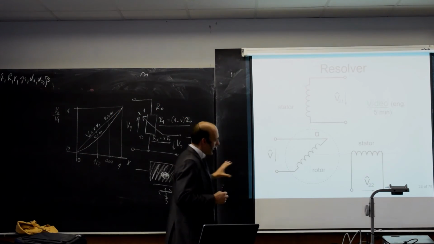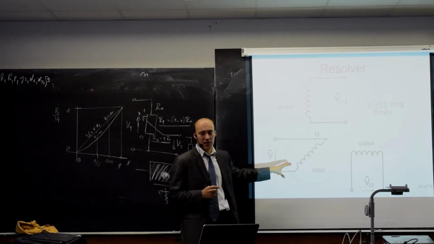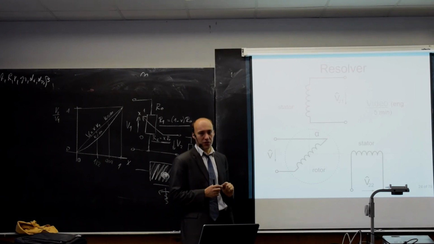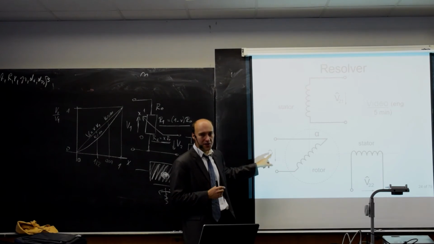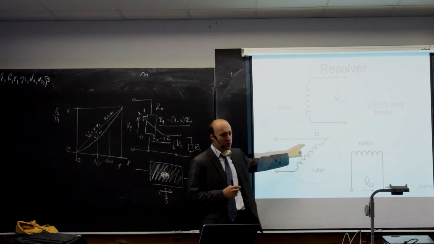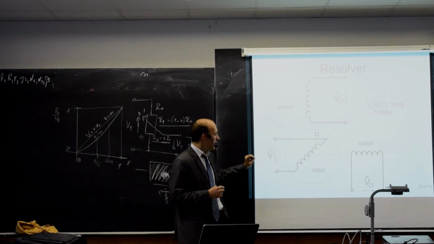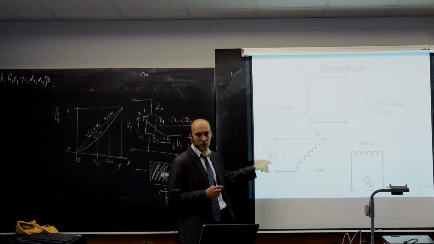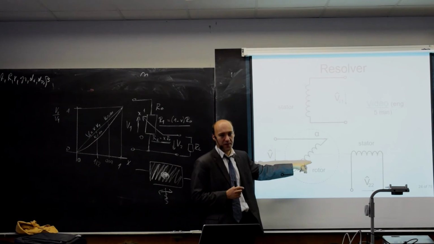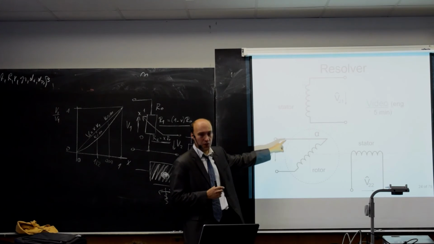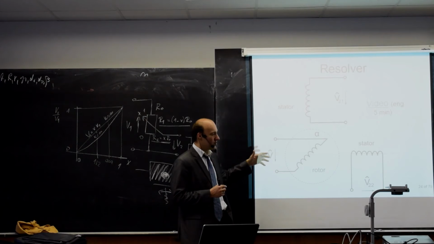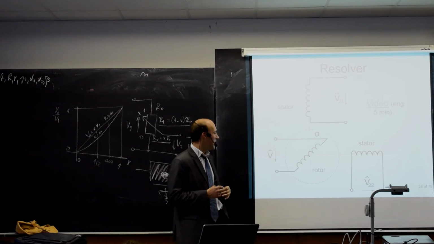The primary winding, in case of a resolver, is on the rotor. It's powered by AC voltage, so this needs to be AC. And since this is on the rotor, you will need a mechanism to transfer the signal from the stator, from the power supply, into the rotor. So there is another transformer that is not shown here in this picture, since it's not important for the principle of the sensor, but it needs to be there anyway.